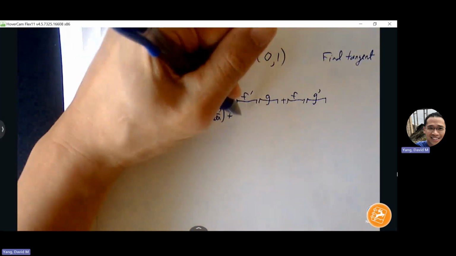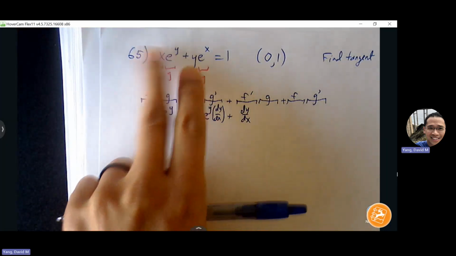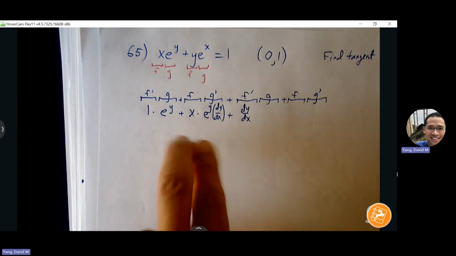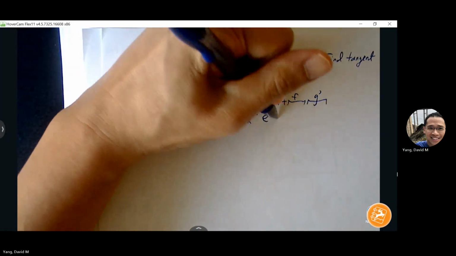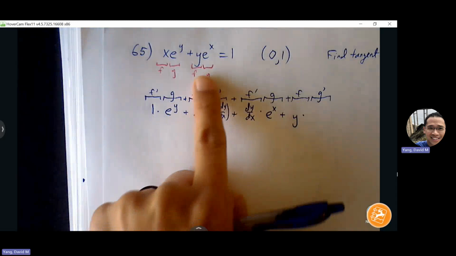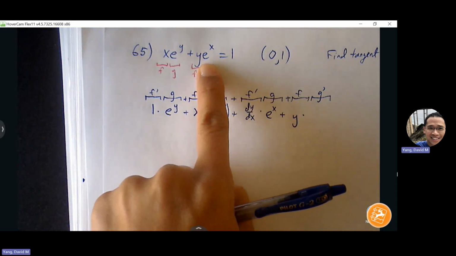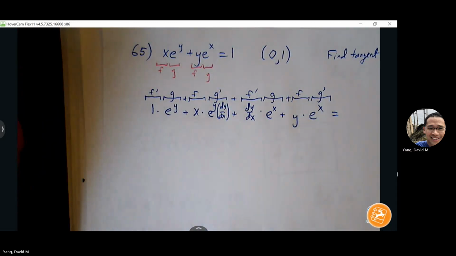Good, dy dx. And then we also see two y's here, right? So we're expecting two dy dx's when everything is said and done. Times g, plus y times e to the x times 1, which is just e to the x, right? Equals 0.